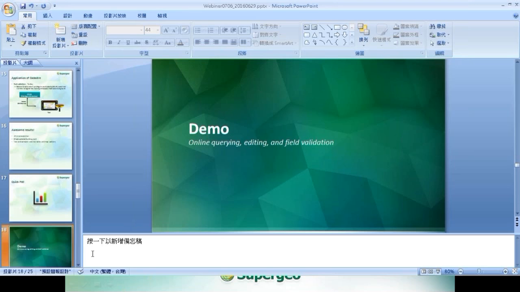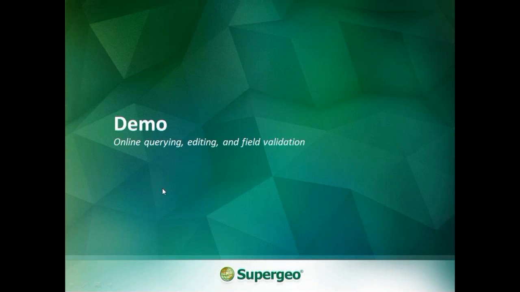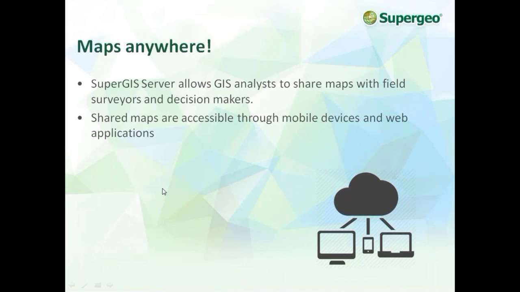Let's go back to our presentations. I'm now going to give some short summaries. The benefit of using our product SuperGIS Server is that you can have your cadastral maps anywhere, because you can use them in your office, or use your mobile devices in the field. Anywhere, if you have an internet connection, you can see your maps.